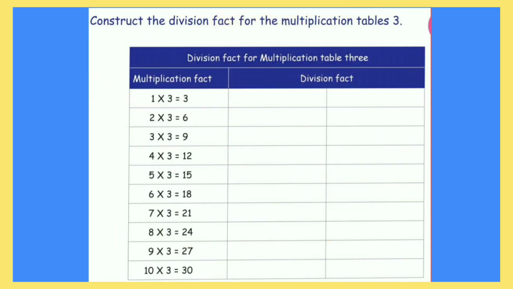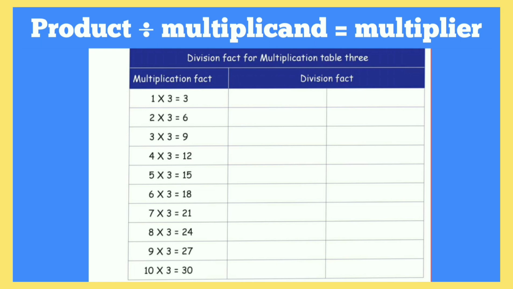Children, I already told you, for division, we are going to separate the total. In multiplication, the product is the total. Children, first we will divide using the multiplicand. So, product divided by multiplicand equal to multiplier.